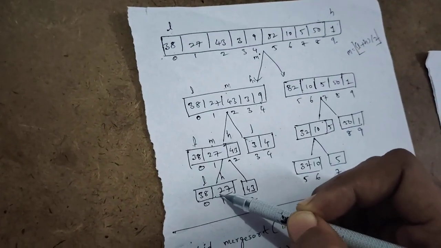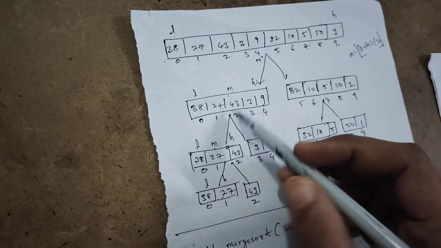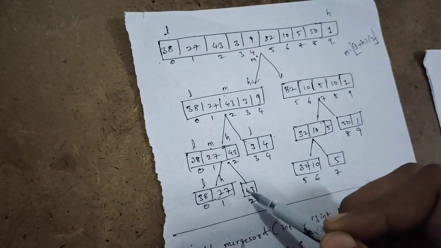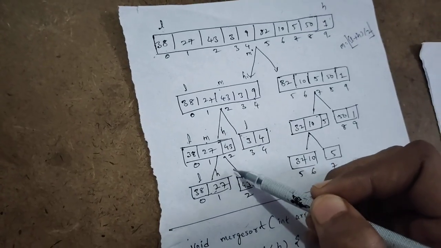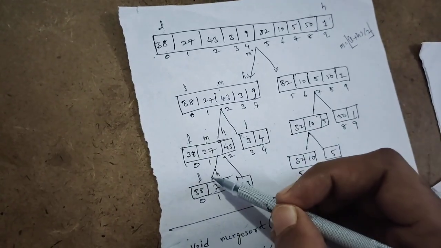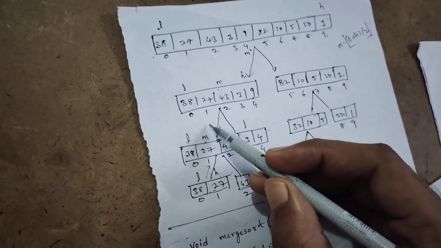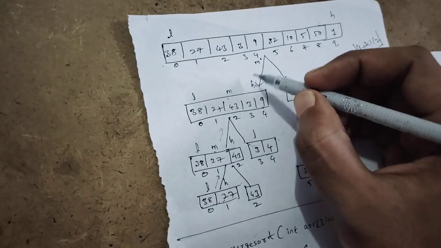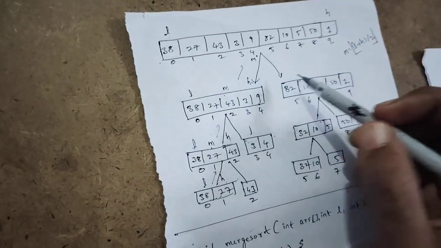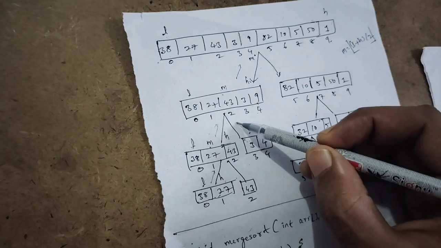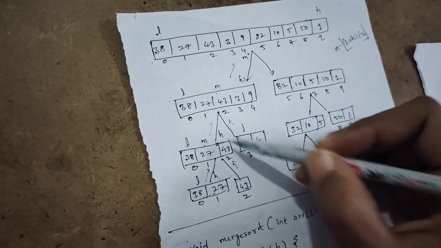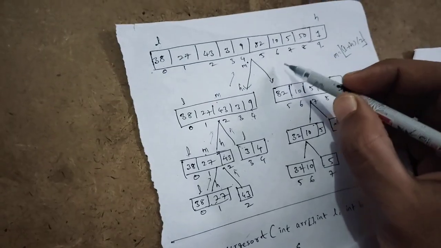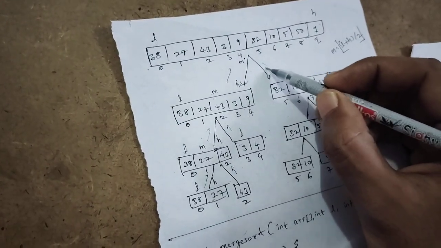When we complete this merge sort, it will go back to it. It will go back when it's sorted, and we want to find out the left part.